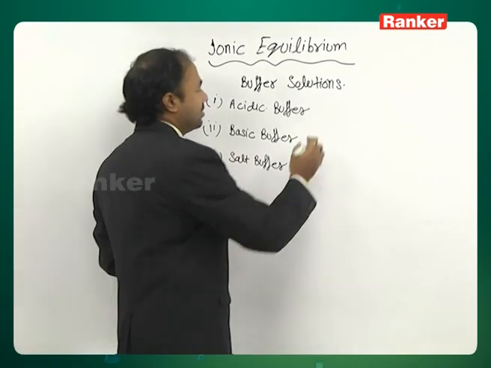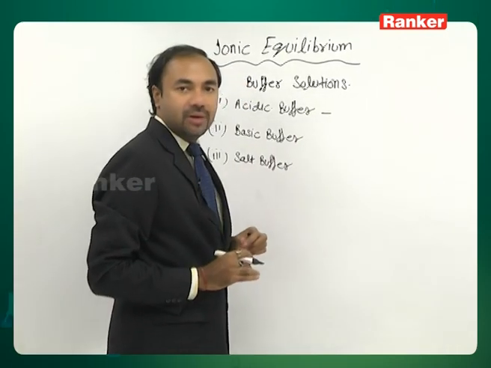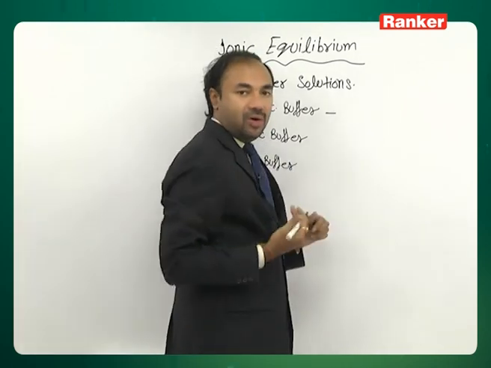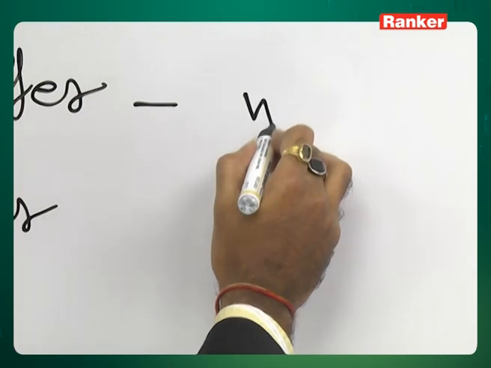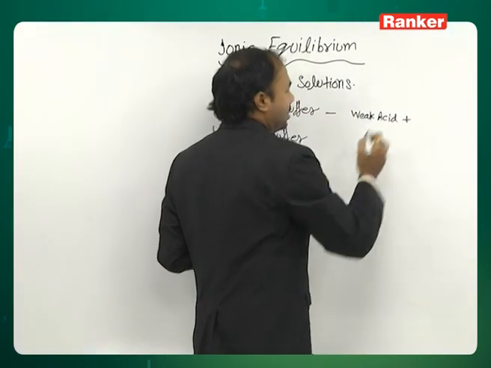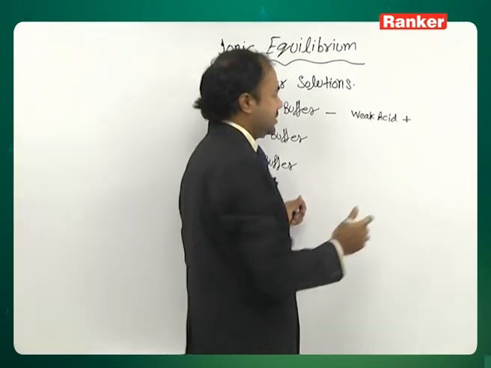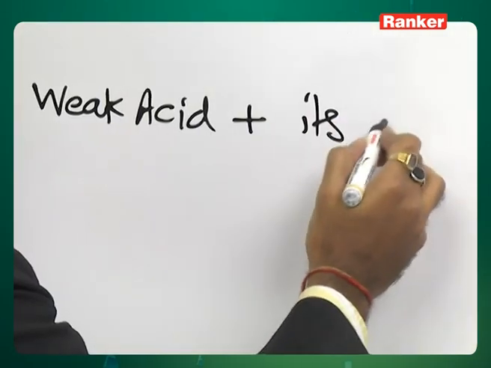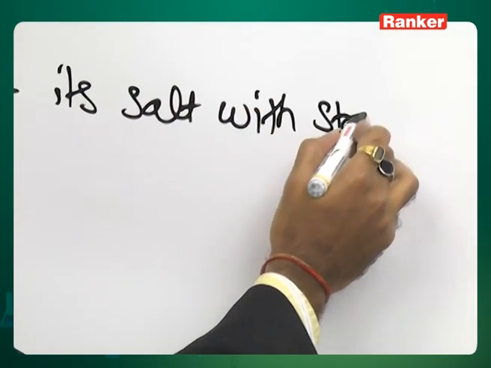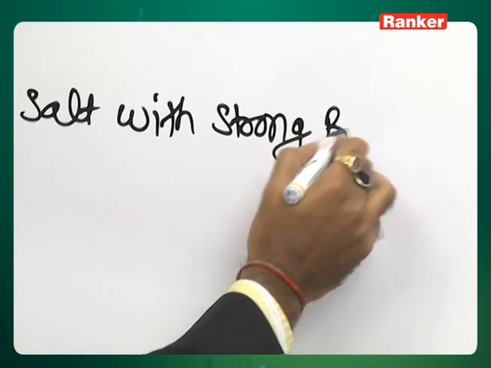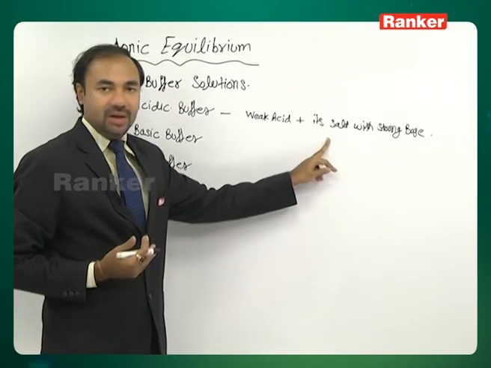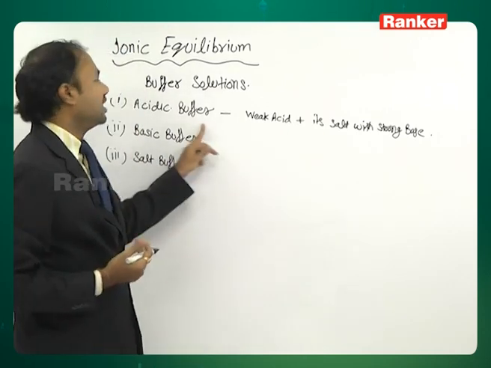First one, what is acidic buffer? If you mix in water a mixture of a weak acid and its salt with a strong base, then this solution of this mixture behaves as an acidic buffer.